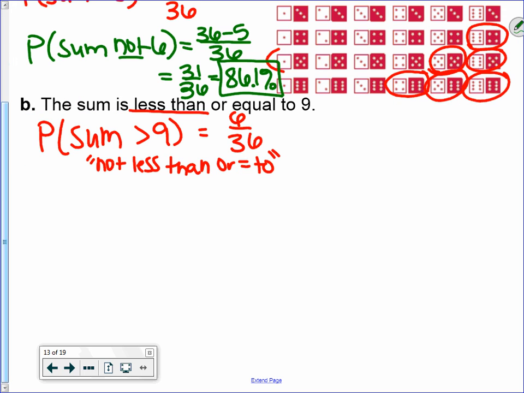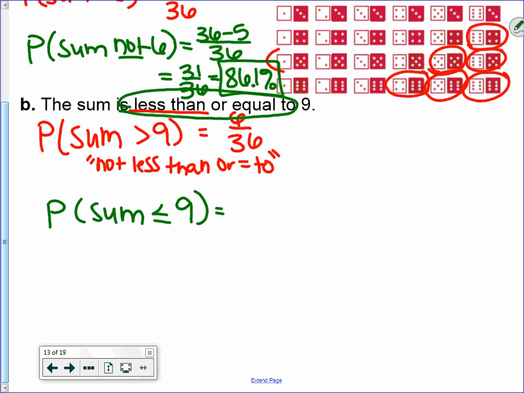So basically the opposite of this would be the sum is less than or equal to 9. Well, we've already found out that 6 of them are greater than 9, so for less than or equal to 9, we would take 36 outcomes minus the 6 that we found before.